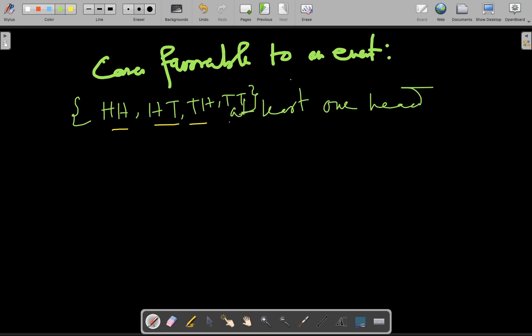There are four possible cases in the sample space in total, whereas three cases entail this event A.